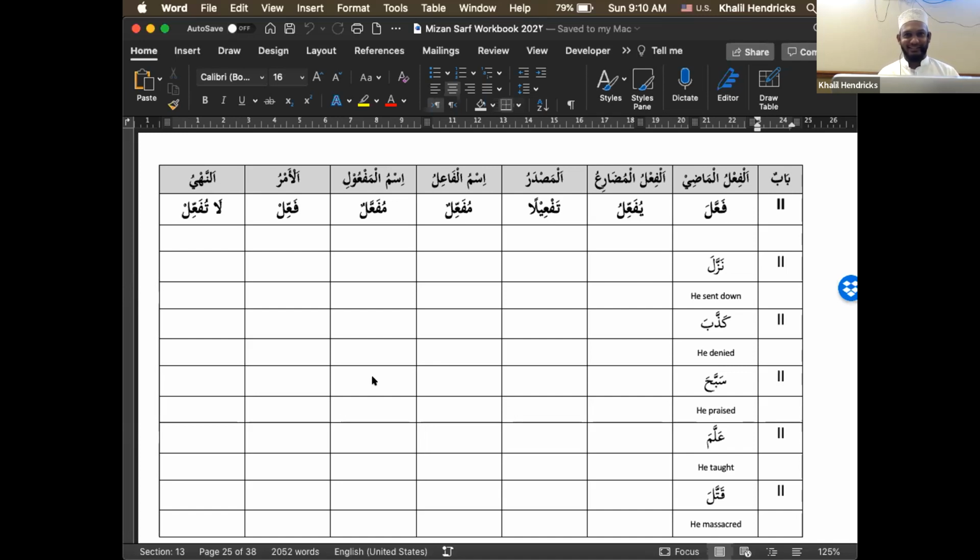Fa'ala yufa'ilu taf'ilan. So Khair Nisa, mashallah, just the last two: mufa'ilun, mufa'alun. The E comes before the A. Mufa'ilun, mufa'alun. Okay, so then شكرا مولانا.